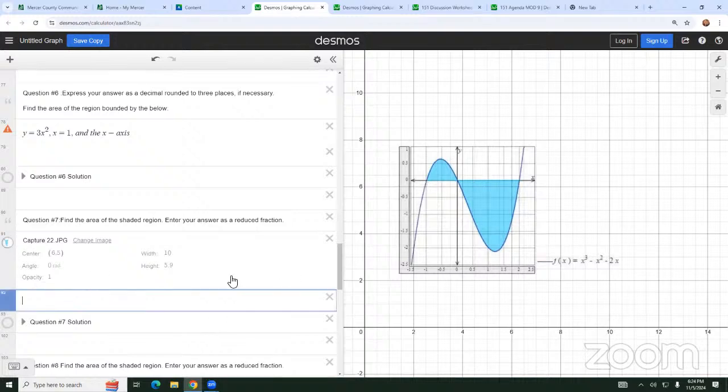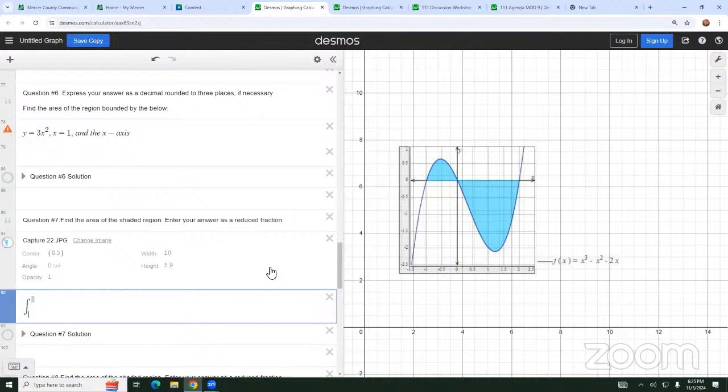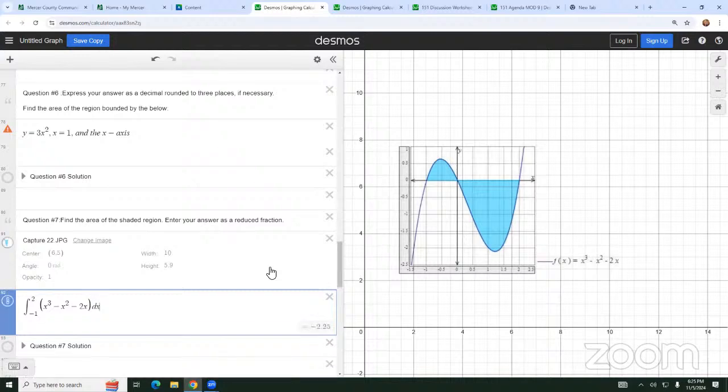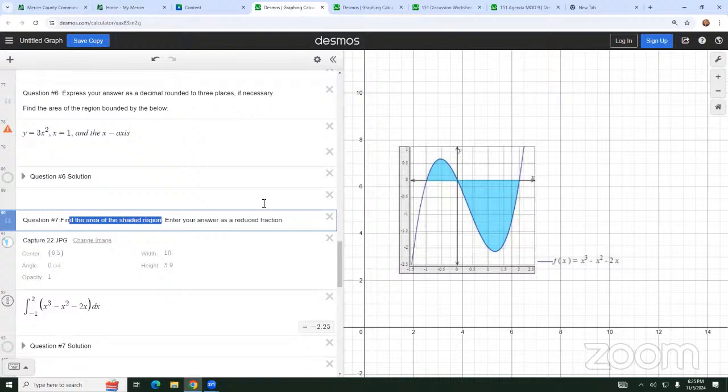So you would say something like the integral from -1 to 2 of x cubed minus x squared minus 2x dx. That's wrong. There's nothing wrong with anything except they want the area of the blue region.